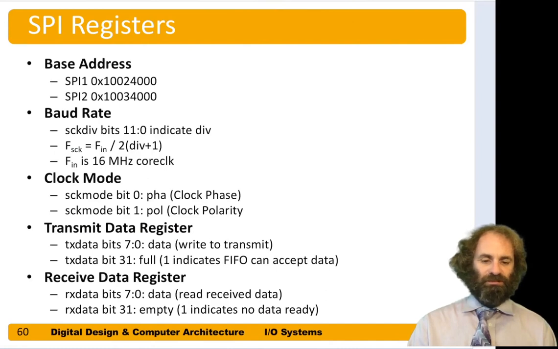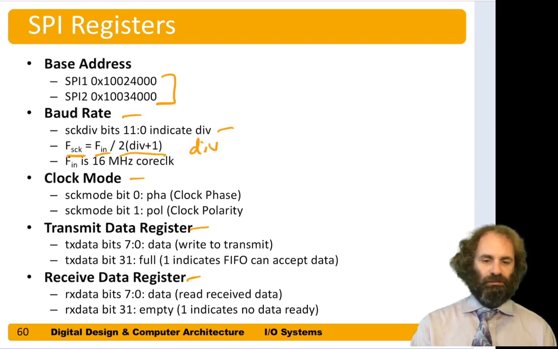Let's talk about the SPI registers. So there are 2 SPI ports on our chip at these different base addresses. Key registers are that baud rate register, the clock mode register, transmit data, and receive. So the baud rate register, the bottom 12 bits indicate the clock divisor, and the frequency of the SPI clock is the frequency of the core clock divided by 2 times 1 plus the divisor.